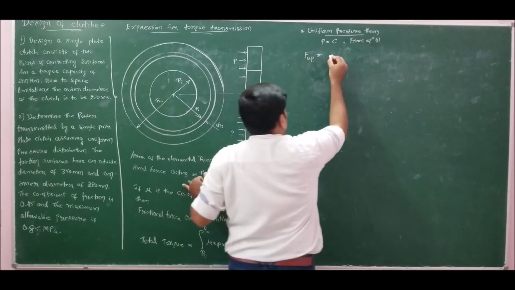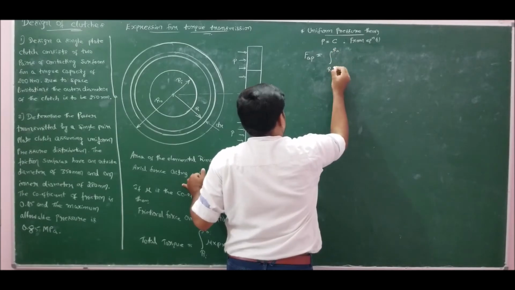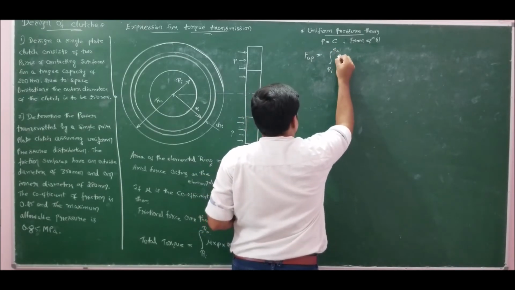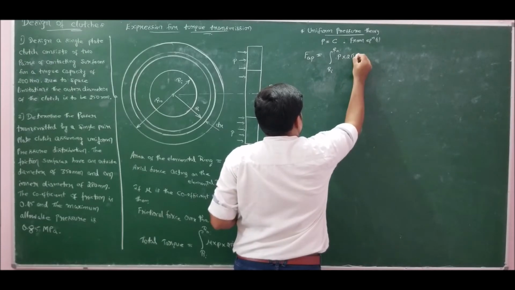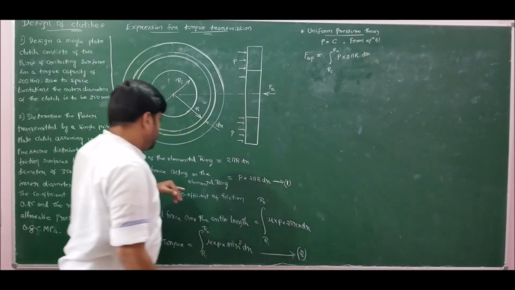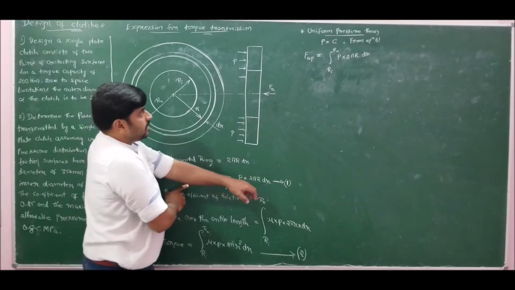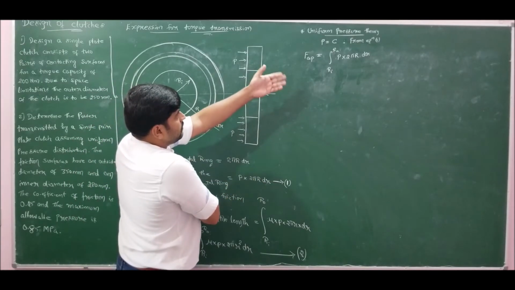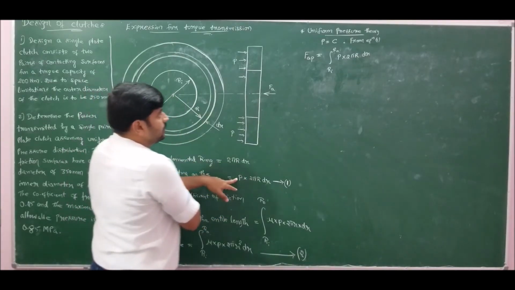So for total length it will be integral of Ri to r naught times the elemental length, that is P into 2 pi r dr is the axial force. So axial force per elemental ring is 2 pi r p dr. The total axial force will become integral over the length Ri to r naught 2 pi r dr into pressure.